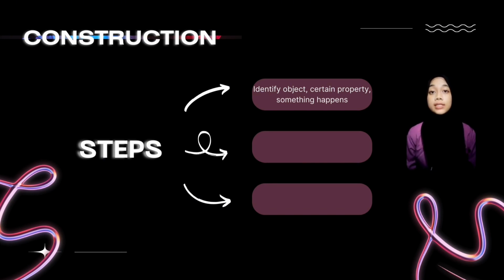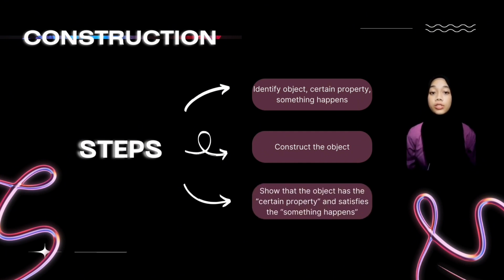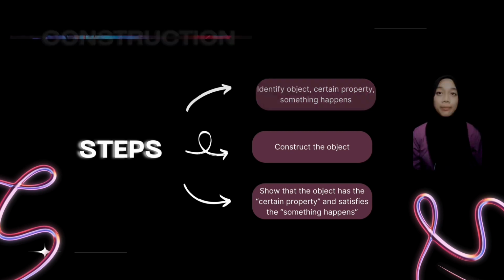The first one is to identify the object, the certain property, and the something that happens. The second one is to construct the object, using the hypothesis to guess, or devising an algorithm for the procedure. The third one is to show that the object has the certain property and satisfies the something that happens.